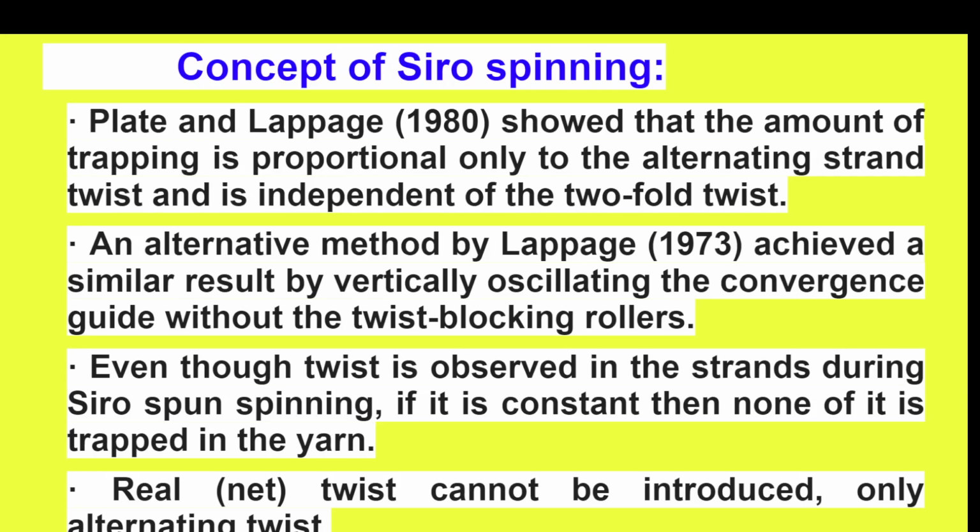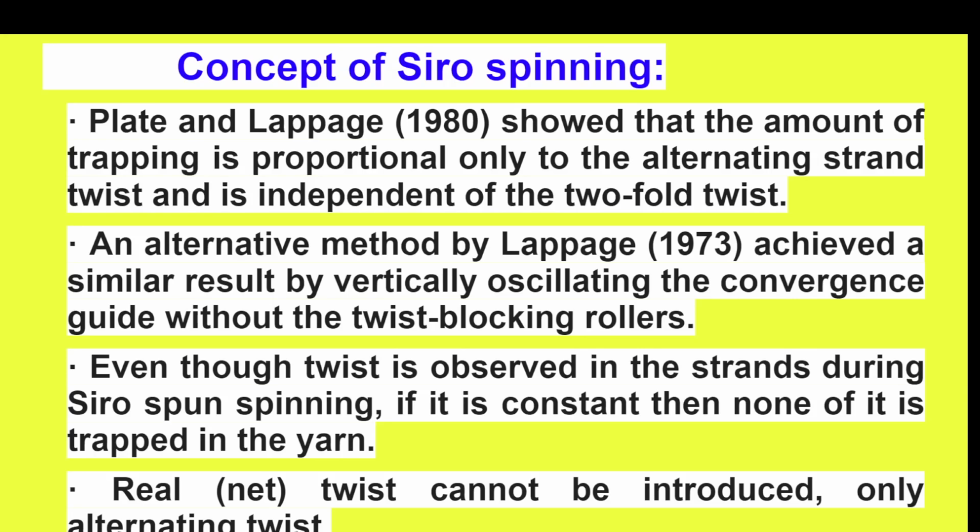Plate and Lapis in 1980 showed that the amount of trapping is proportional only to the alternating strand twist and is independent of the two-fold twist.